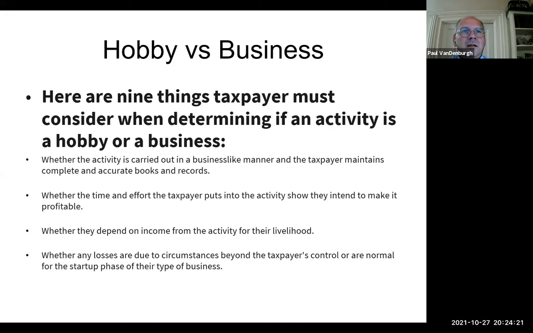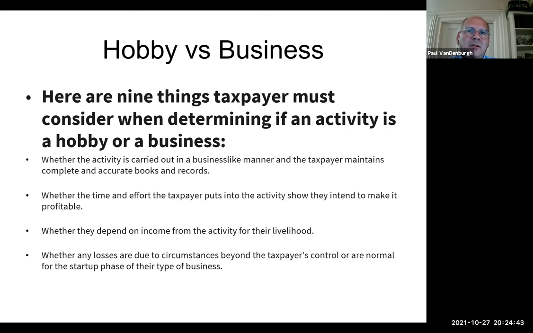Separation of income and expenses for your business makes bookkeeping a lot easier, and it's a lot cleaner. It further defines you have a business. You're not mixing personal funds in one checking account.